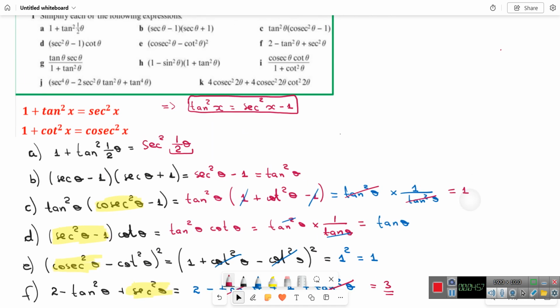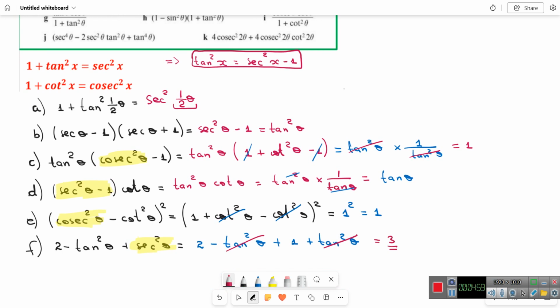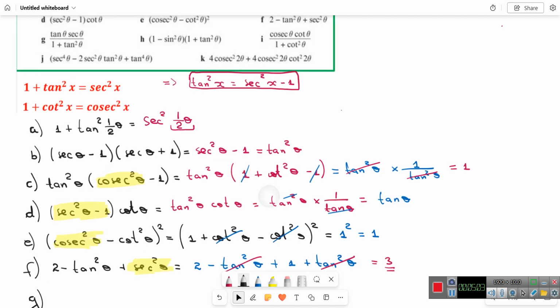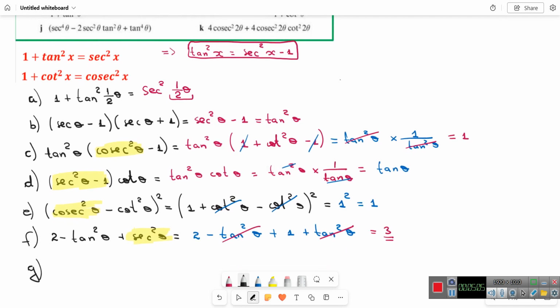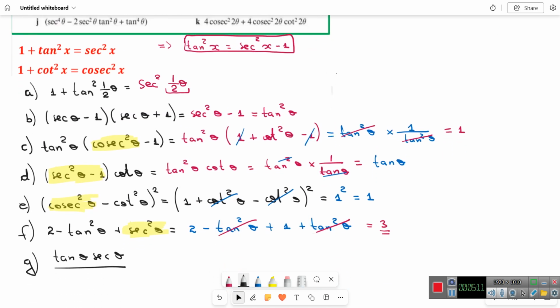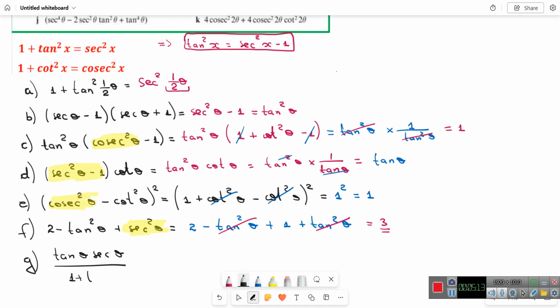G is tan theta sec theta divided by 1 plus tan squared of theta.